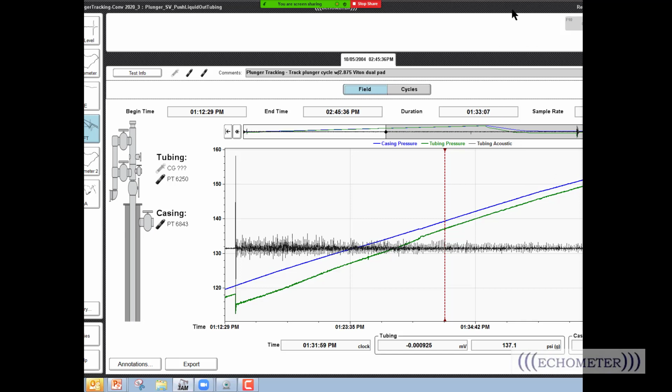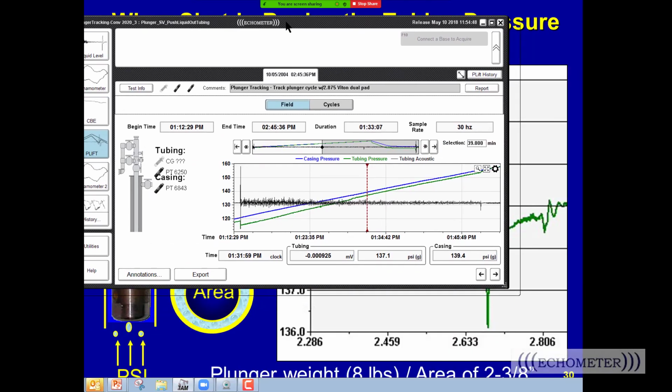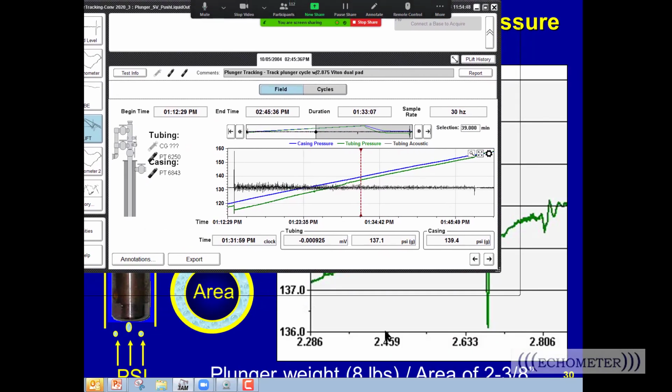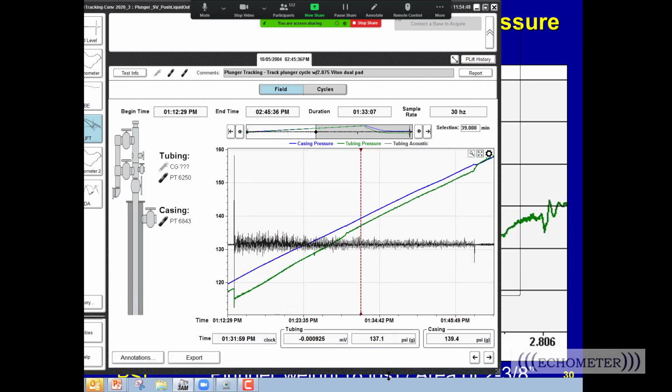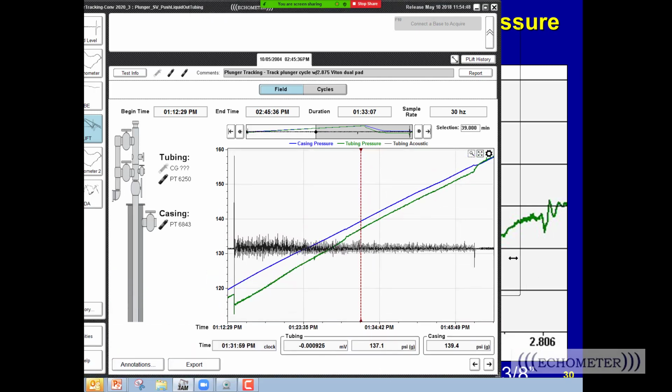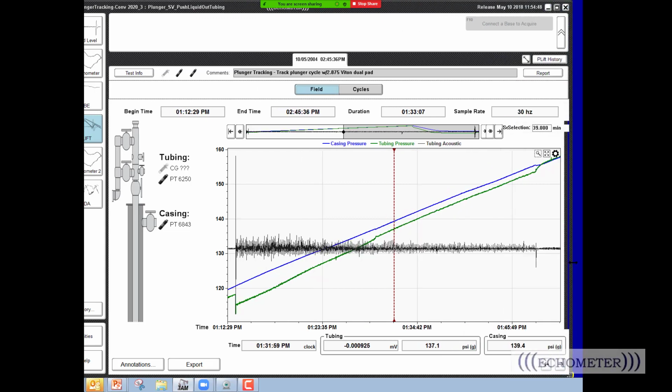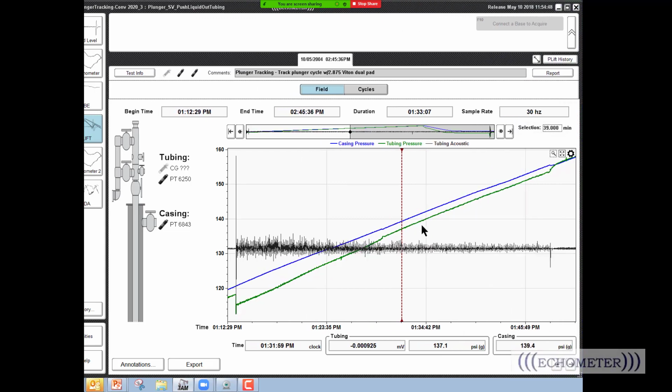And so this is an example. Let me change my screen just a little bit here because it's hiding the pictures of everybody. So when I look at this data here, this vertical distance represents liquid or pressure. And so at this point right here, the pressure is constant.